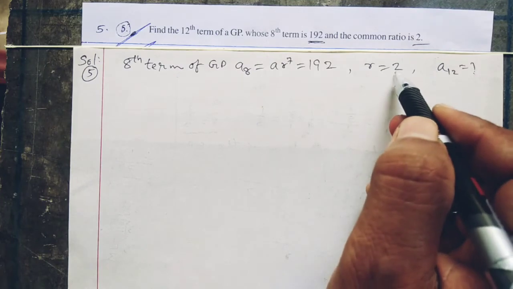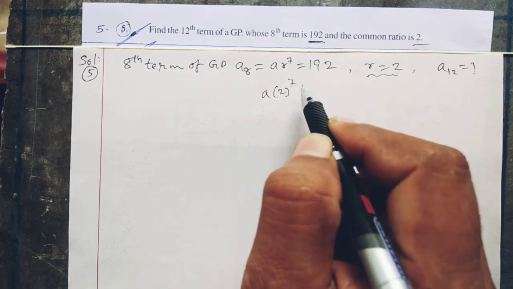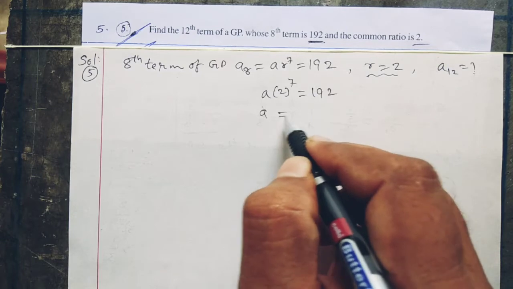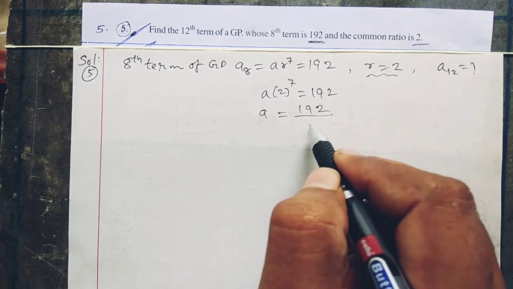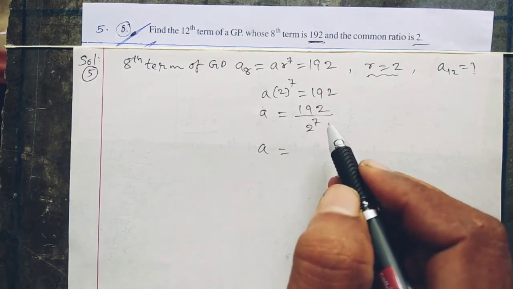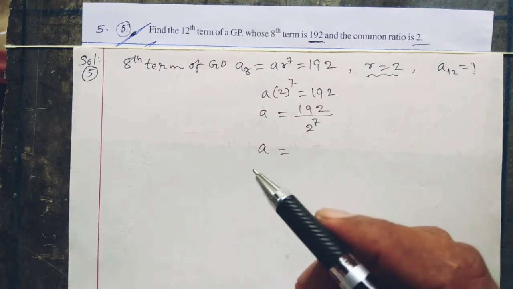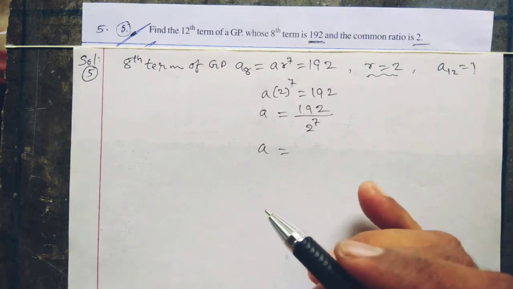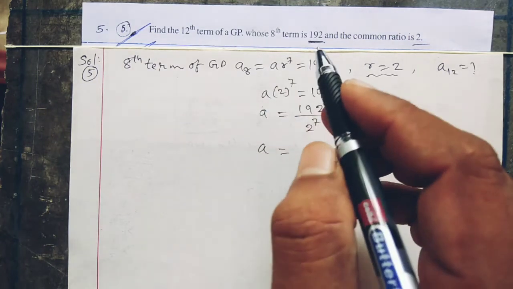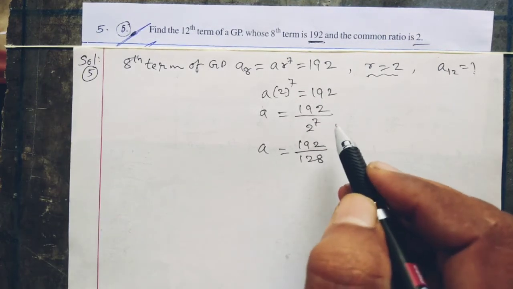So in this we have to substitute the R value. A into 2 to the power of 7 is equal to 192. A is equal to 192 by 2 to the power of 7. 2 to the power of 7 is 128, so A is 192 by 128.